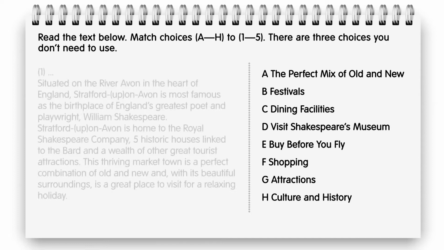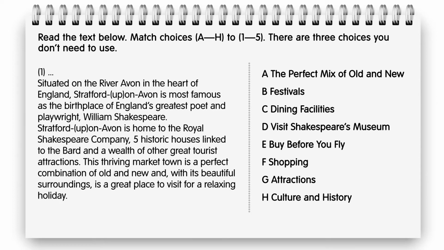Now, our next step is to look through the text and identify and underline key words and phrases. This will make it easier for us to find them later when we're considering how to answer our questions. And we should also define the topic of each paragraph. So, let's look through the text now.